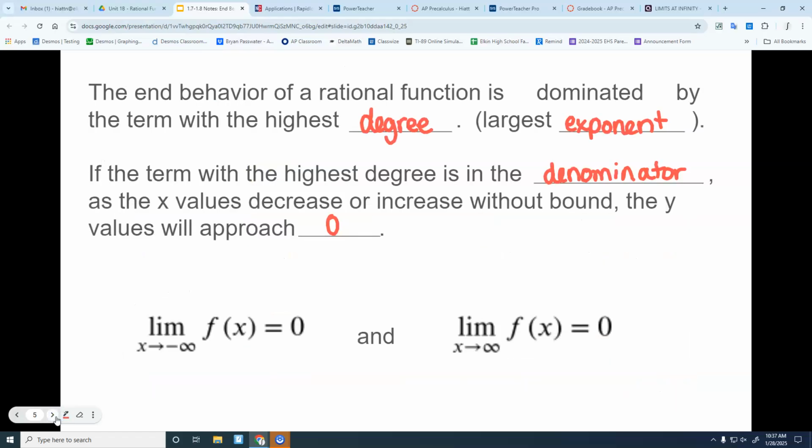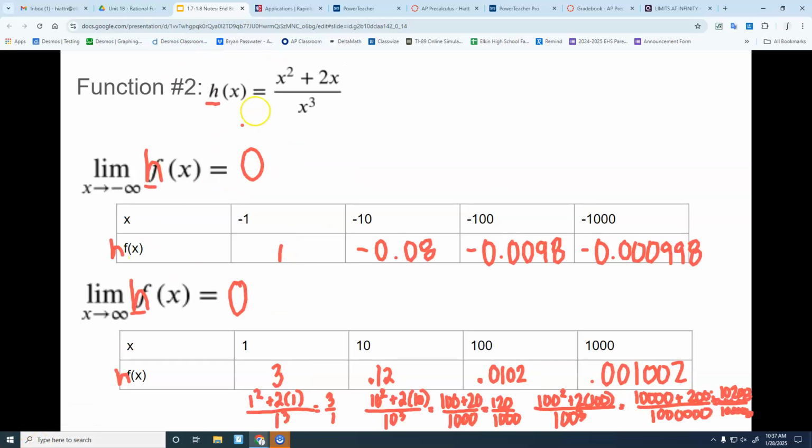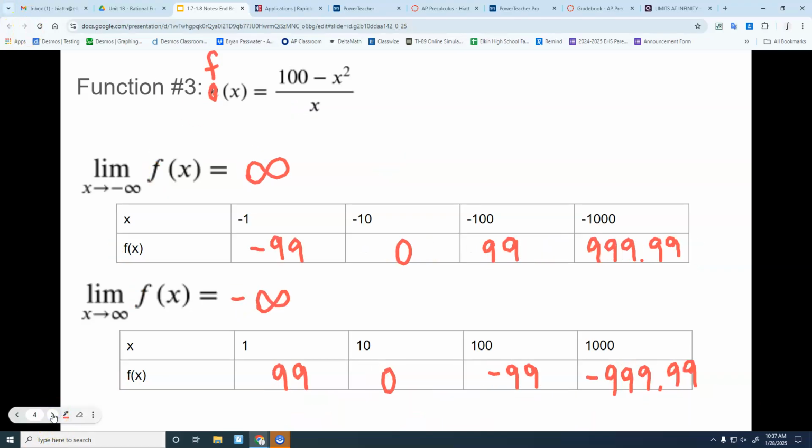So whenever I look at a problem like this right here, I don't have to make a table. I can just see, oh, this has the biggest exponent right here in the bottom of the fraction. So the limit on either end is going to approach 0. Okay, so we can do these very quickly whenever we see it.